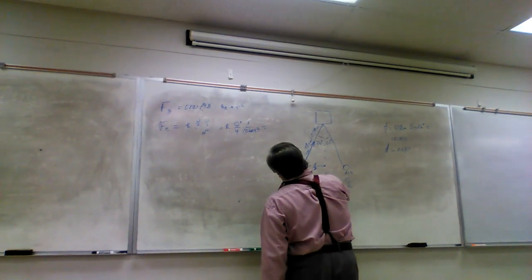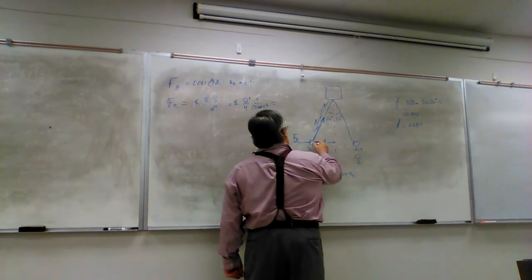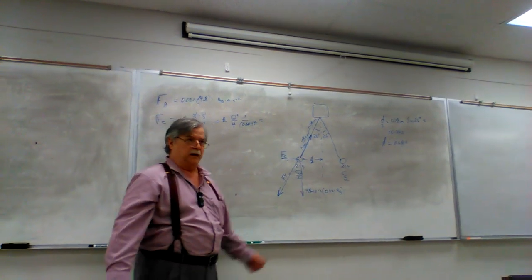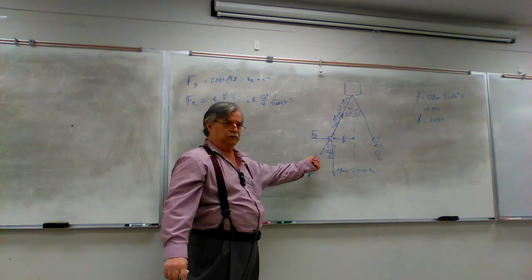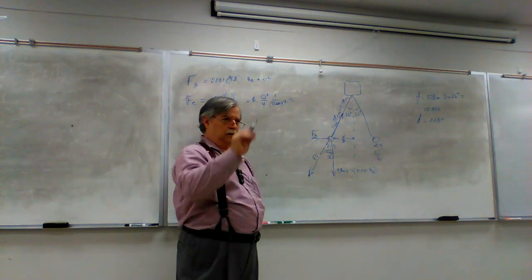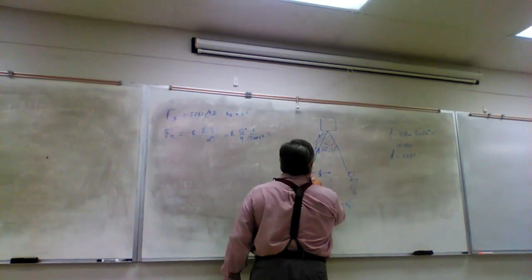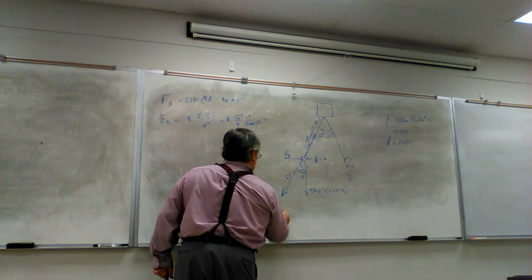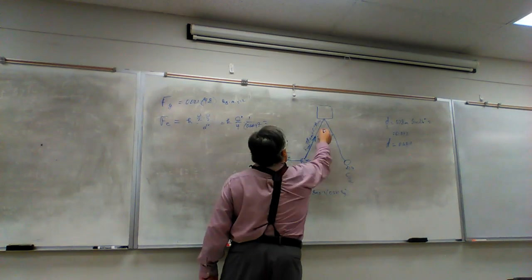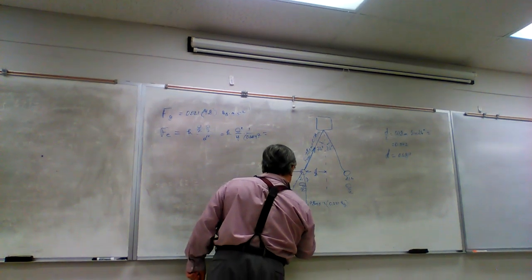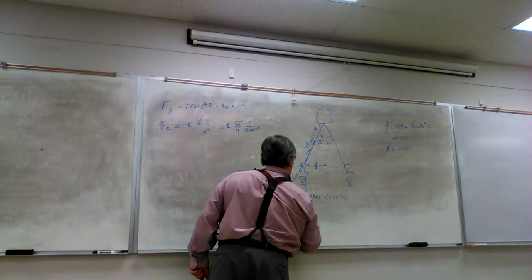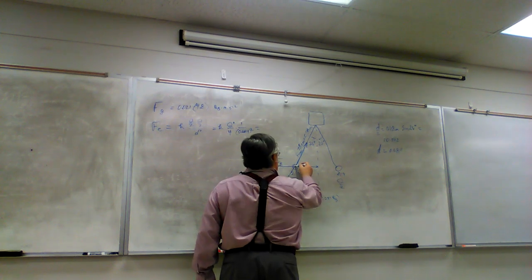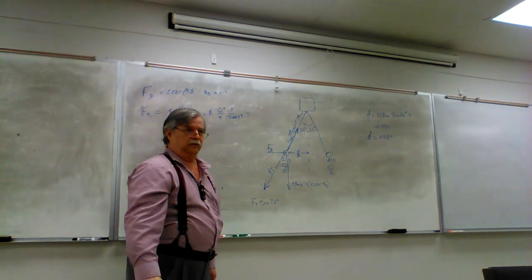Well, do we know the magnitude of this vector, the total force? We don't know what this magnitude is. But we do know that this total force times the cosine of 26 degrees is equal to mass times gravity, the force due to gravity.